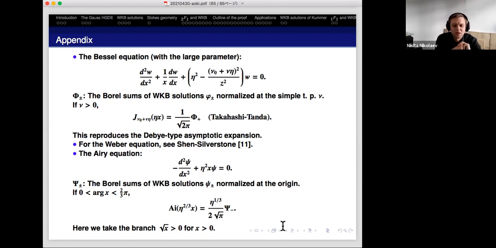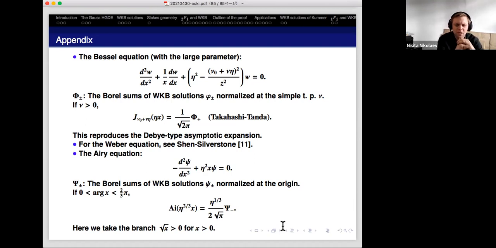May I ask another question? I guess maybe slightly more of a practical question. If you're considering the Gauss hypergeometric equation, your strategy is to first convert it to a Schrödinger equation by doing this gauge transformation.